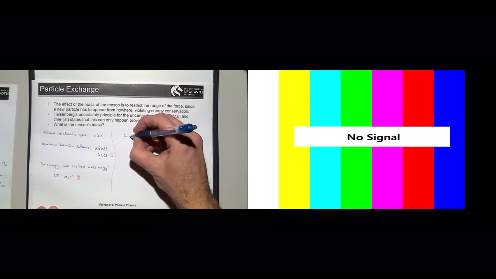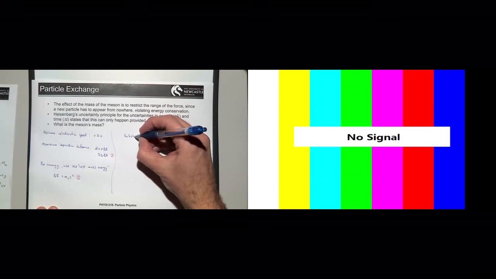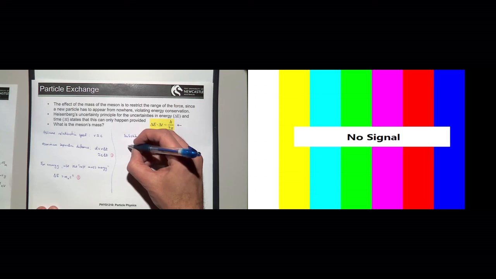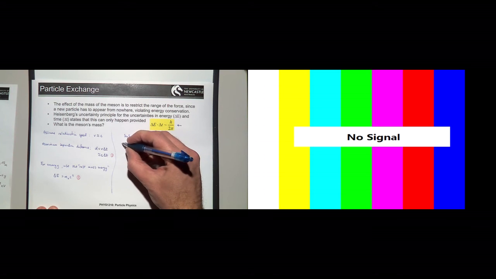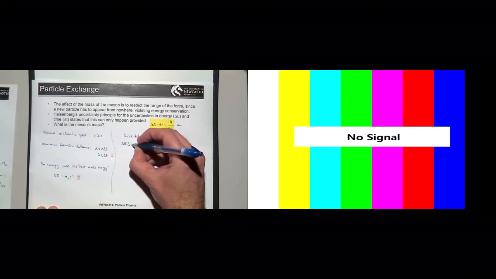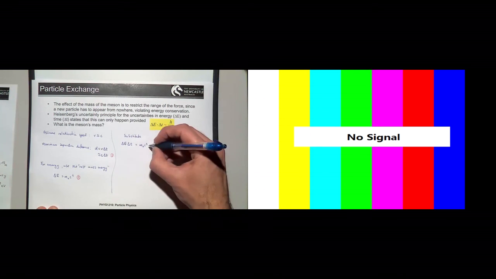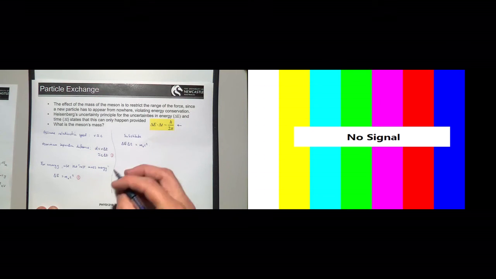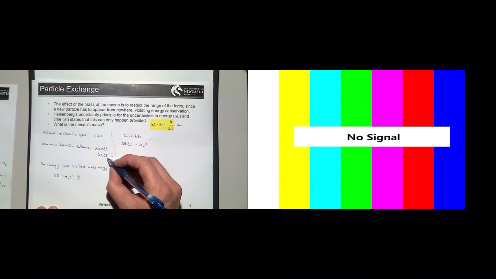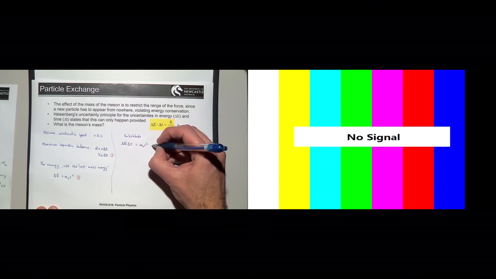So then all we do is we substitute these two expressions into the equation in the yellow box. So we've got delta E times delta t. Well, that's m naught c squared for the delta E. And then we can rearrange equation 1 to get delta t as d over c.